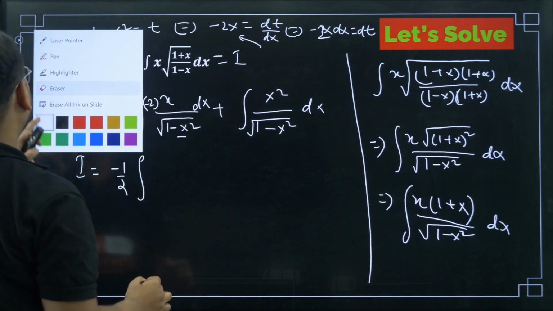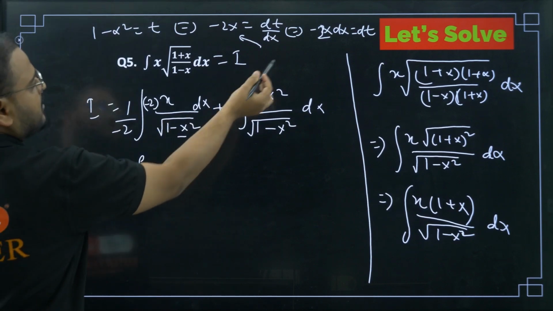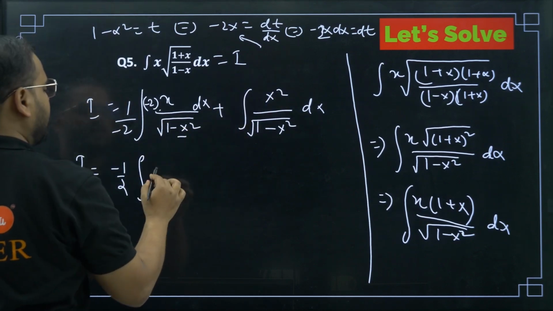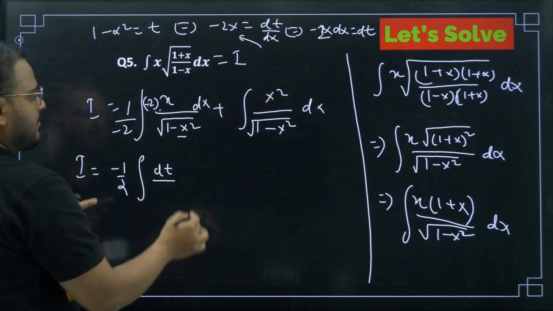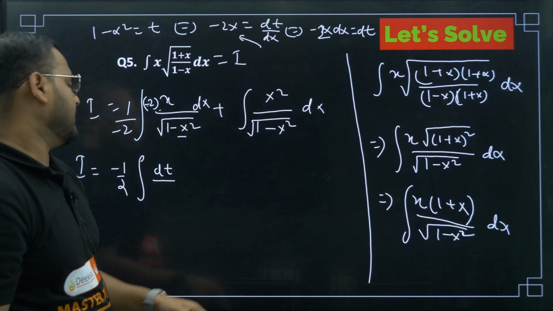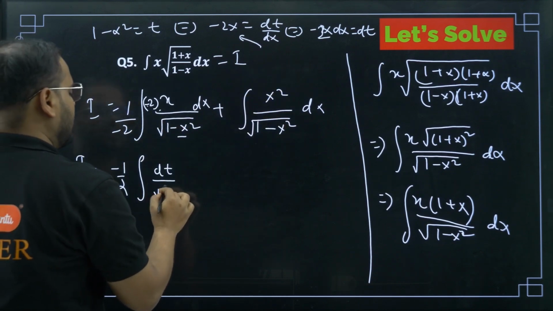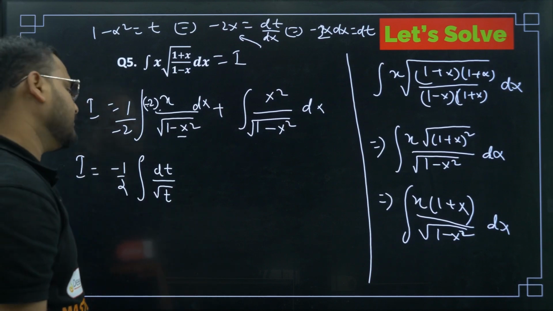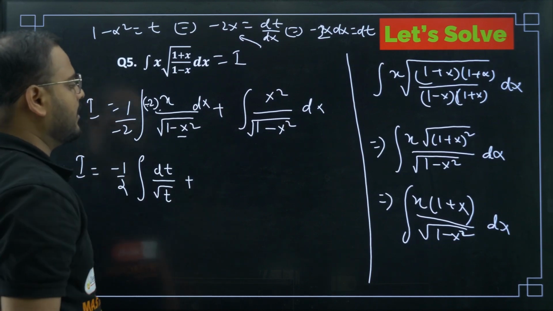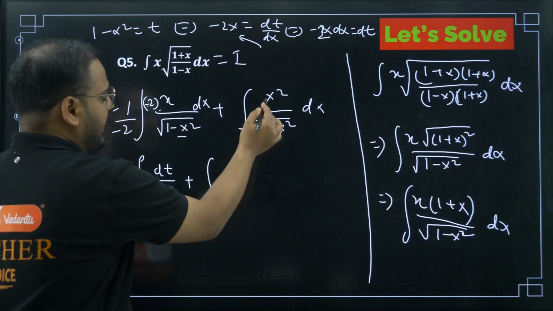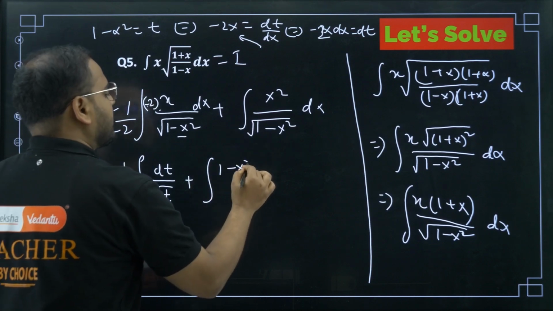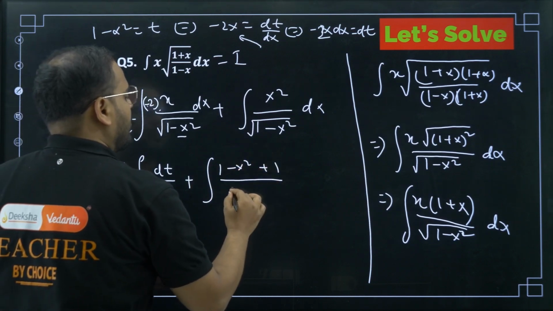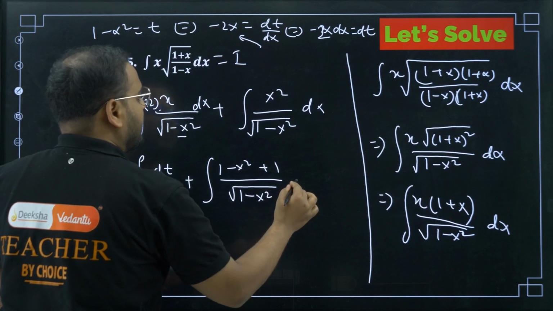Minus 2x dx will become simply dt. And this will be simply root t. Okay, simple for us to integrate. Now over here, check this out. x is there. Write it as 1 minus x square plus 1 upon 1 minus x square dx.